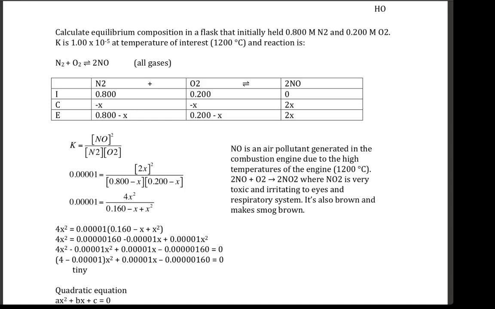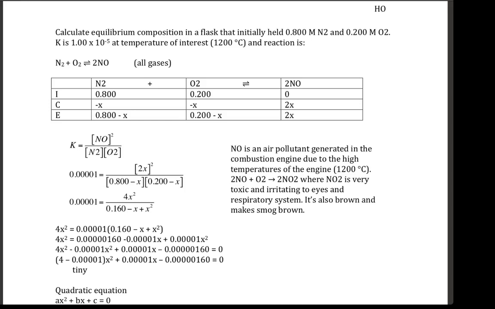So we write out our ICE table. N2, initial concentration 0.800. Its change is negative x. At equilibrium, we have 0.800 minus x. For O2, we have to start with initial 0.200. It changes by negative x. Equilibrium 0.200 minus x.